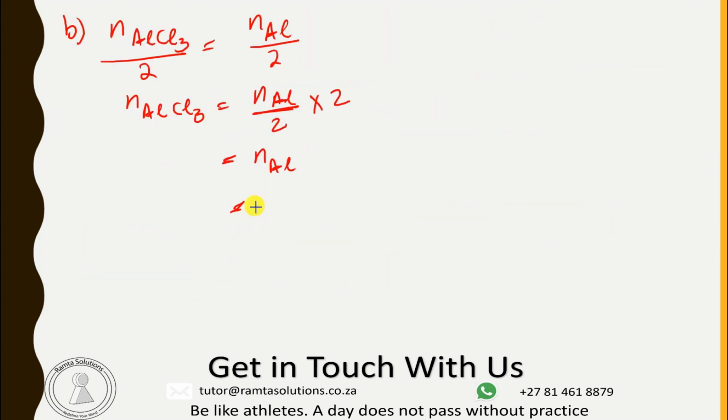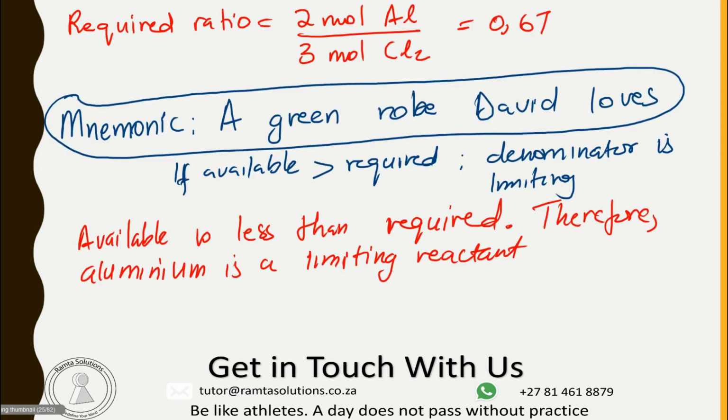So since we fed 1.5, this means we can also form 1.5 moles of aluminum trichloride. Okay? Perfect. Now, let's proceed to question C.